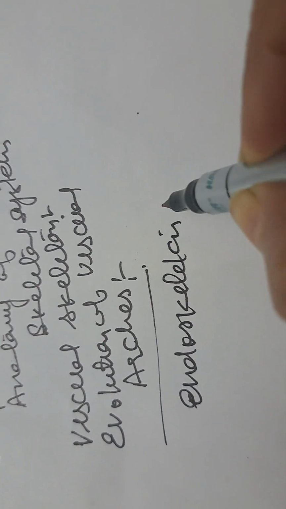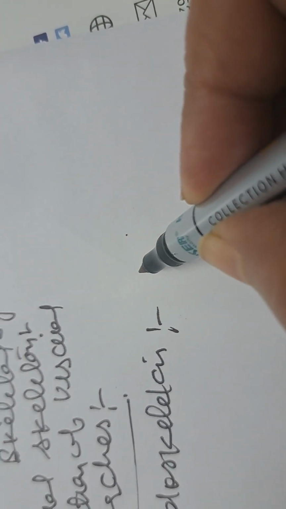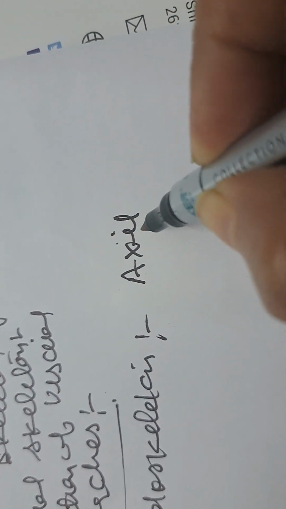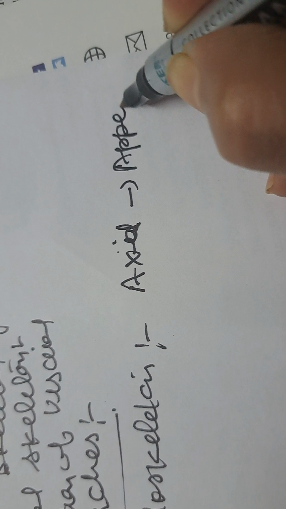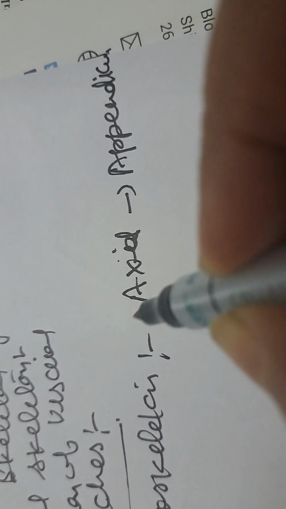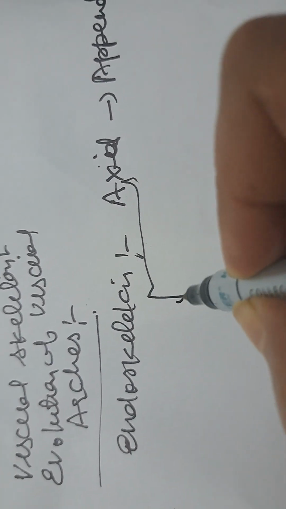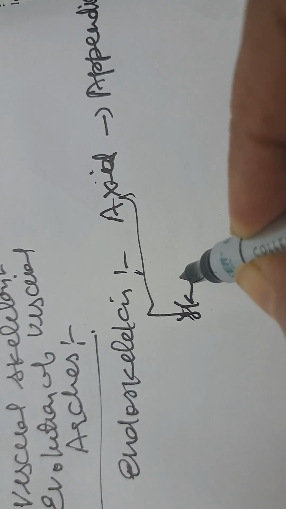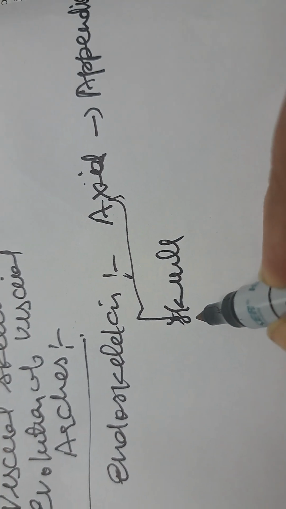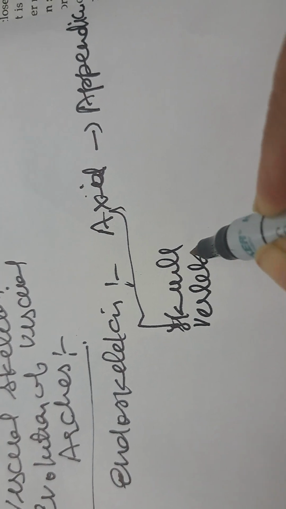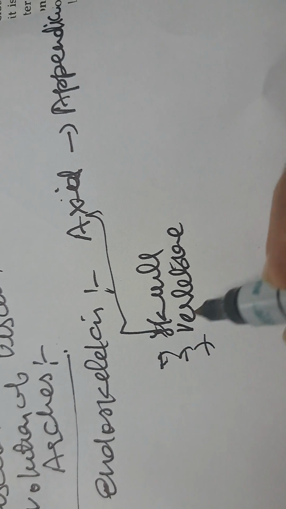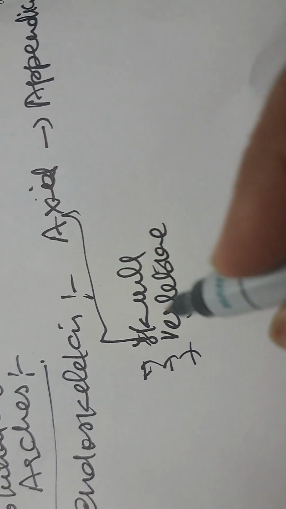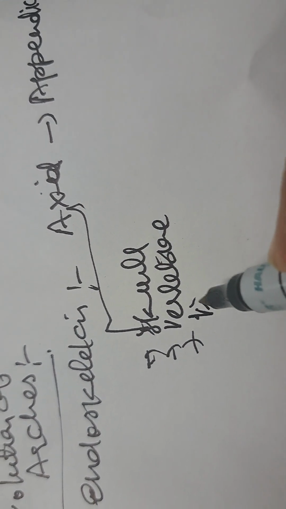The endoskeleton in vertebrates is composed of two parts. One is the axial skeleton and second is the appendicular skeleton. So axial skeleton includes the skull, the vertebrae, and third is the visceral arches.